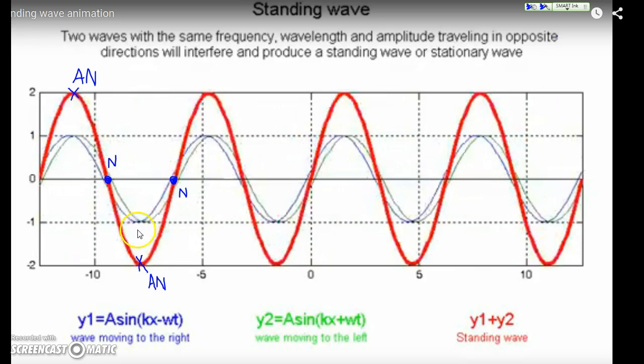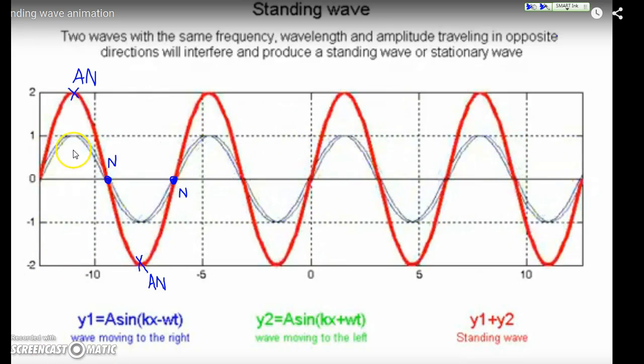The bottoms overlap here at this antinode. The two tops overlap at this antinode. The two bottoms overlap perfectly at this antinode. So yes, antinodes are the places where eventually the two crests perfectly overlap and the two bottoms perfectly overlap. Perfect constructive interference.